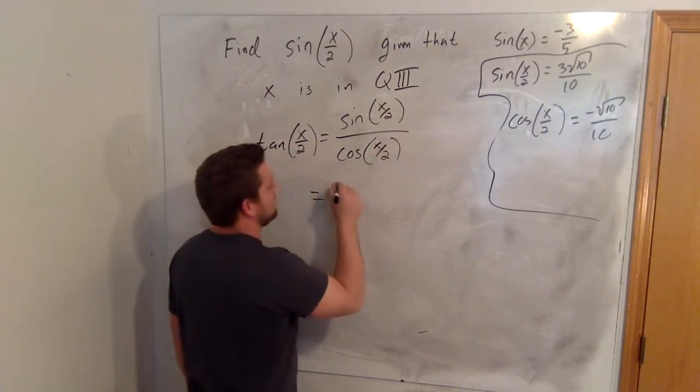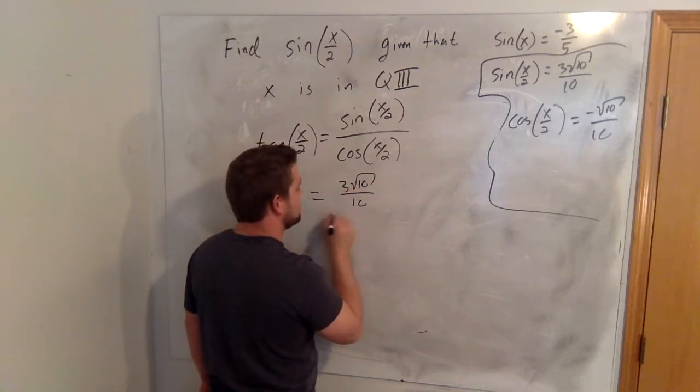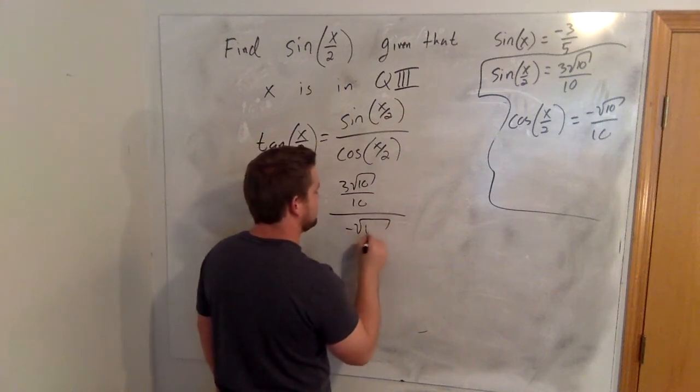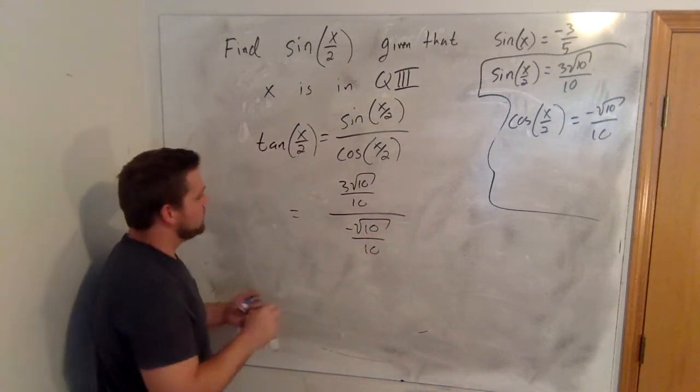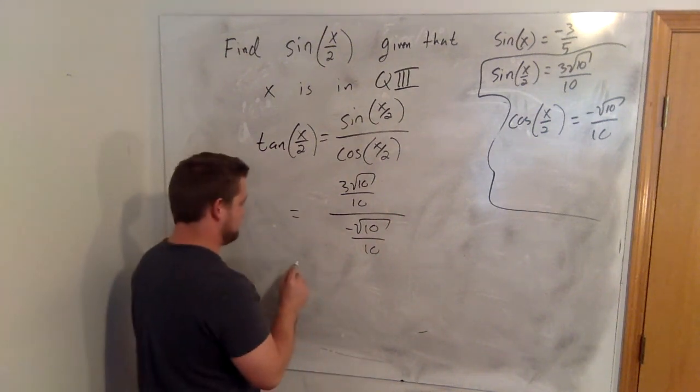So that's going to be 3 root 10 over 10 all over a negative root 10 over 10. So I guess you could flip and multiply.